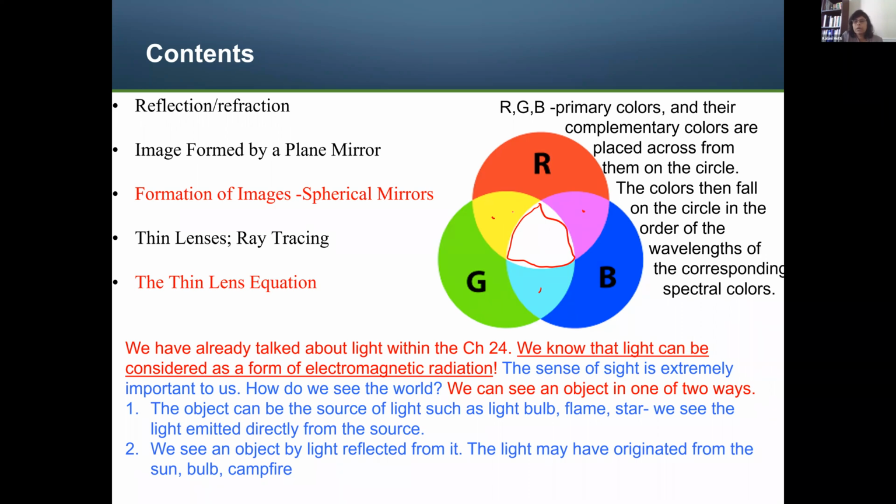Say it is a dark room and you have only a light bulb, then you're going to see your book inside the room. In that case, the light produced by the light bulb will hit the book, and then that will reflect back into your eye. Then you're going to see things. That is the second way that you can see things, right?